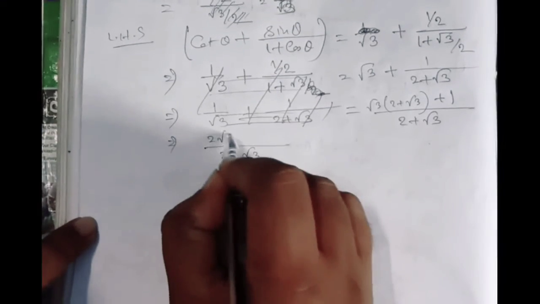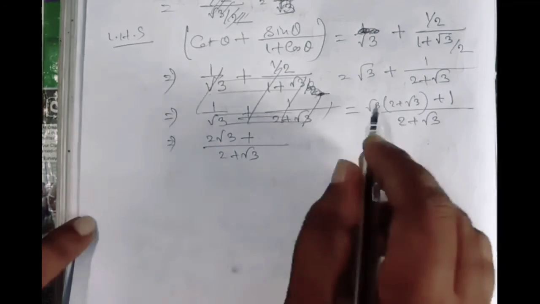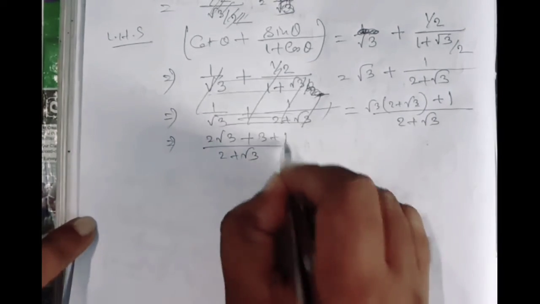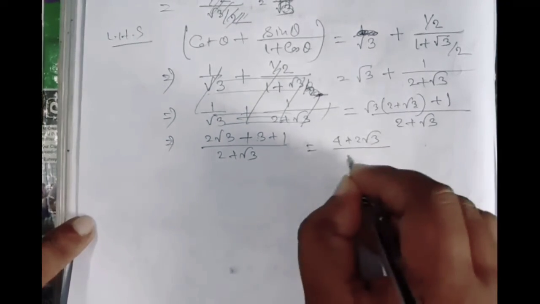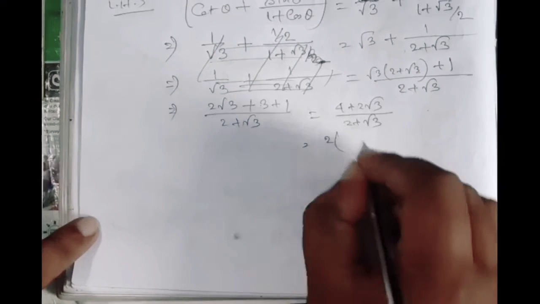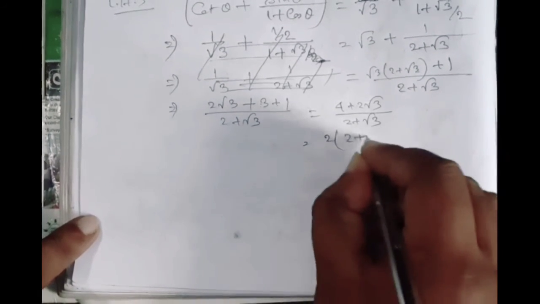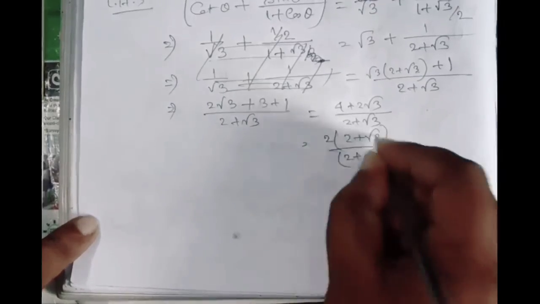That is 2 root 3 plus root 3 into root 3, which means 3, plus 1, that is 4 plus 2 root 3 by 2 plus root 3. Taking 2 plus root 3 common, that equals only 2. That will be the answer.